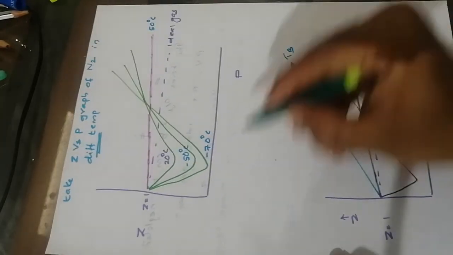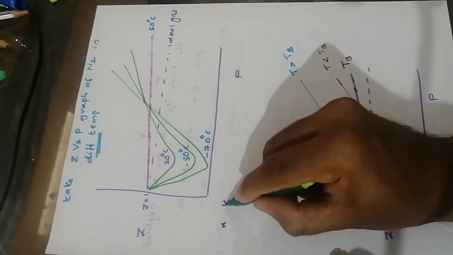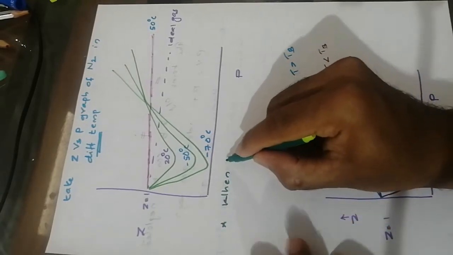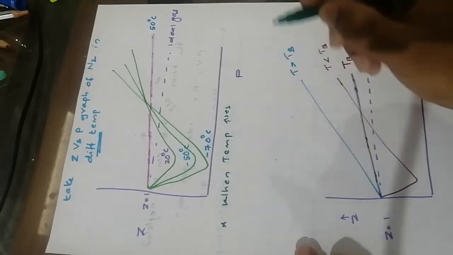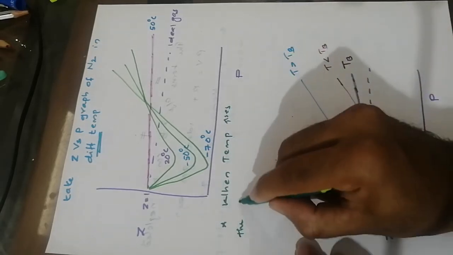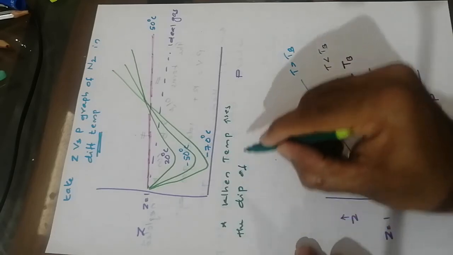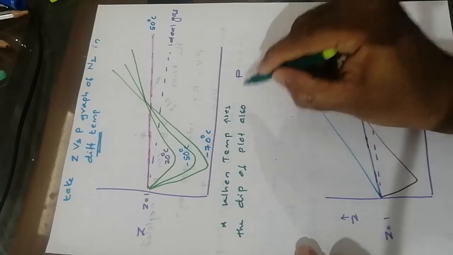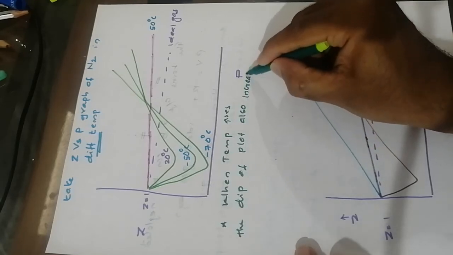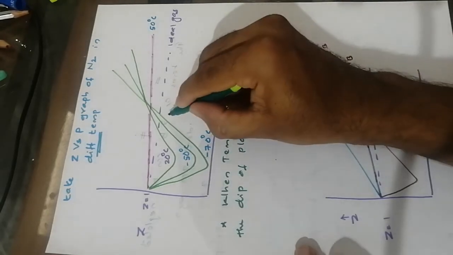What are the features of the graph? First, when temperature decreases, the dip of the graph plot increases. This is a dip.